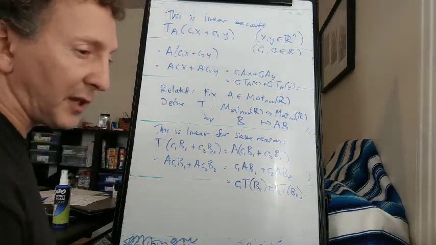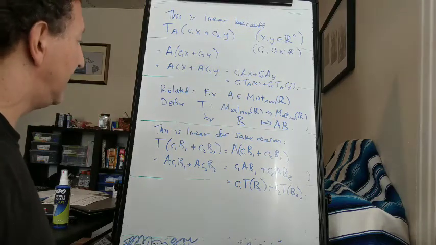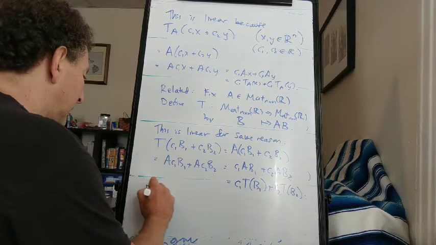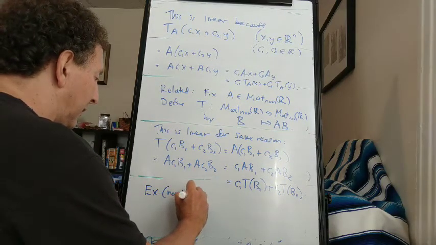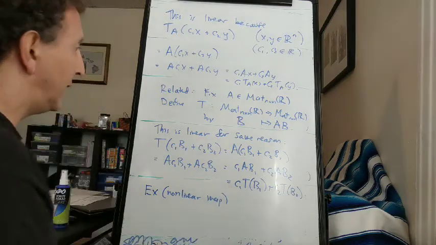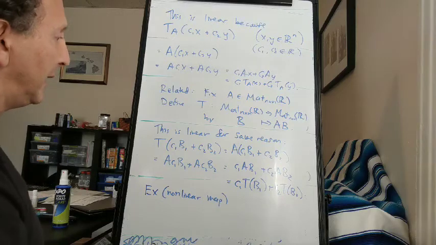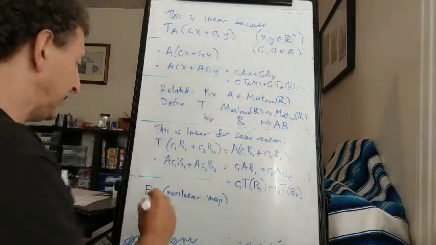I guess it wouldn't hurt to have an example of a map that's not linear. So let's do an example of a nonlinear map. Let's keep the n by n matrices.